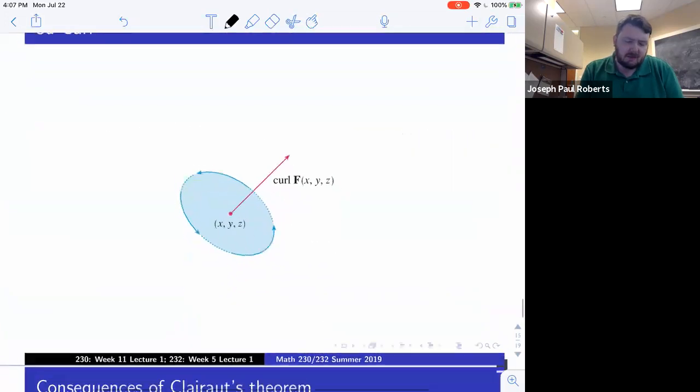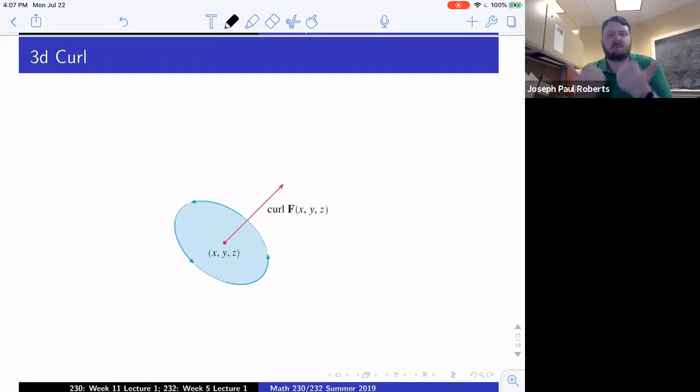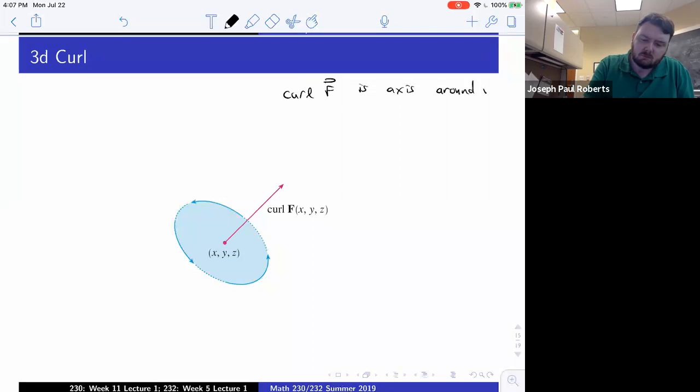So the 3D case for divergence is the same kind of thing. If your arrows are pointing away, that's positive divergence. For the arrows going together, that's negative divergence. As far as curl goes, you want to think of curl F as the axis around which F swirls.